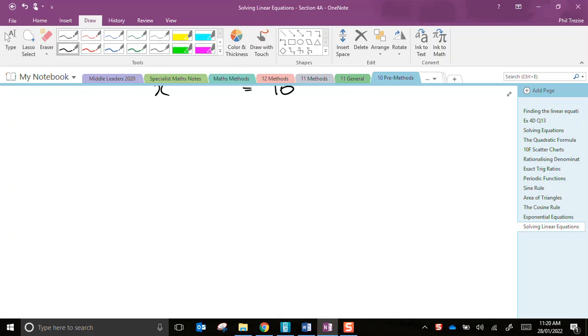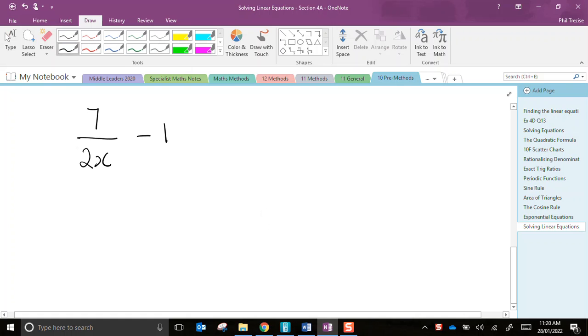Now, let's try one that's slightly more intricate than where we were a moment ago. I'll have 7 over 2x, again involving fractions and ratios, minus 1 equals 13.